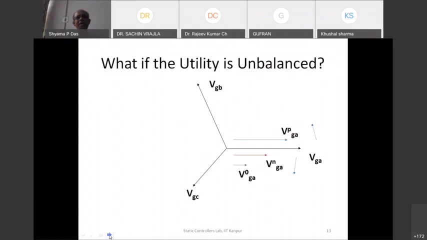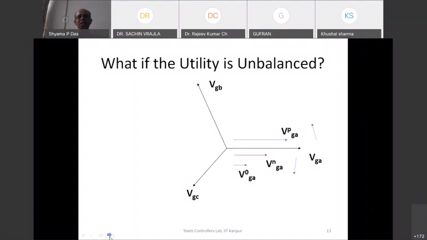Now, the grid can be either balanced or it can be unbalanced. When the grid is balanced, when we transform ABC into DQ, we get only positive sequence voltage. Usually, in an ideal situation or in a practical situation also, the grid is close to balanced condition, unless there is a fault.